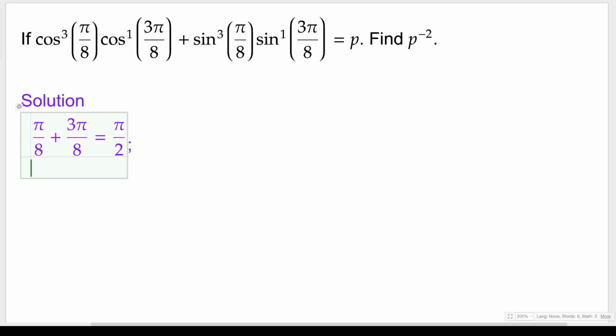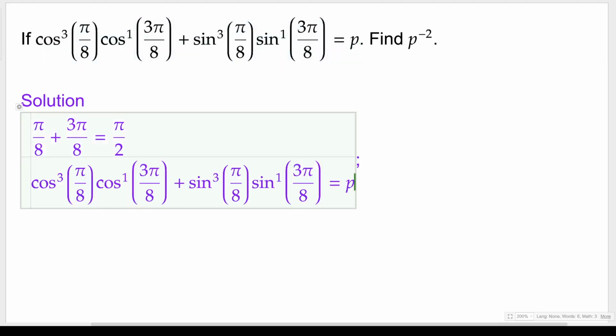Now this is the given structure here, and I'll be taking this expression and trying to resolve this. So this is p, and I'll be getting the value of p from this one.